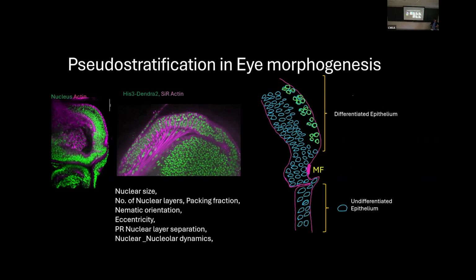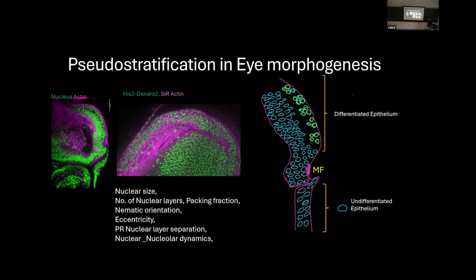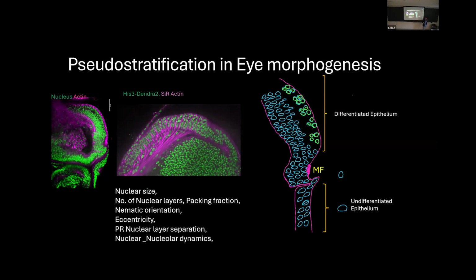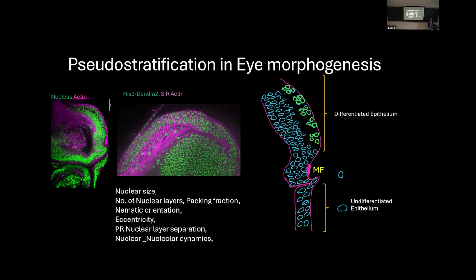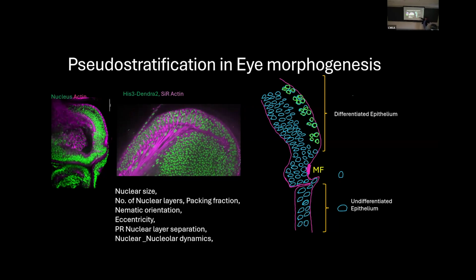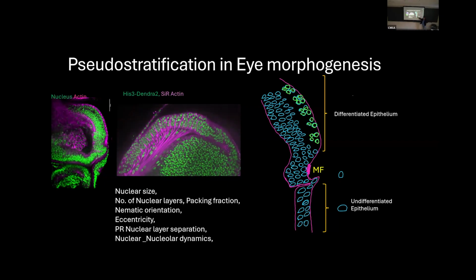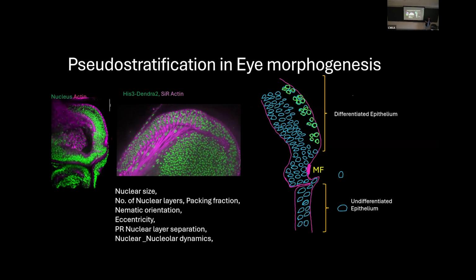We have just started with this project. The idea is to get a nuclear metric, which involves many of these physical or morphological parameters of the nucleus, characterize this across the developing eye epithelium, and see if we can predict the acquisition of photoreceptor versus non-photoreceptor fate during these morphological changes as the nuclei go through the furrow.